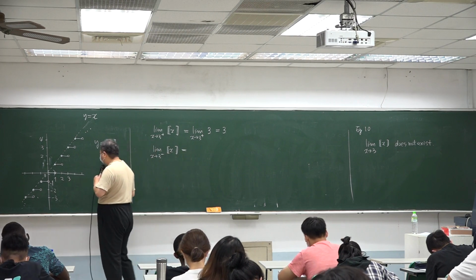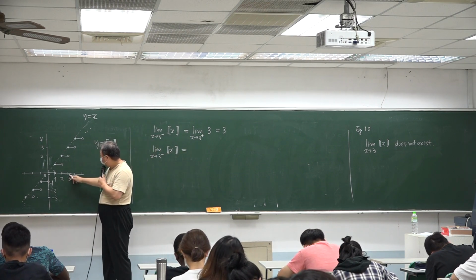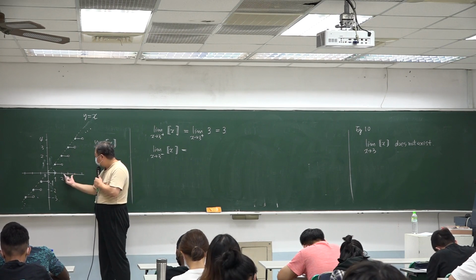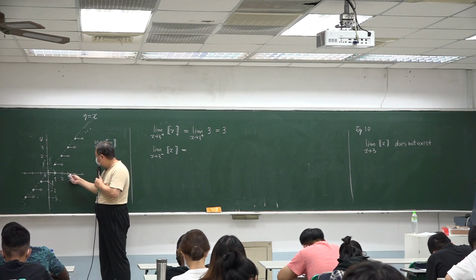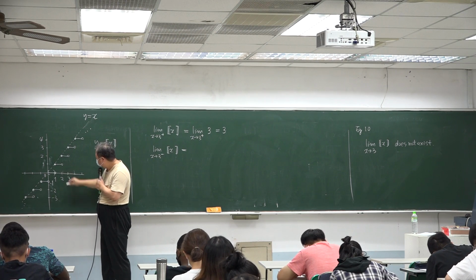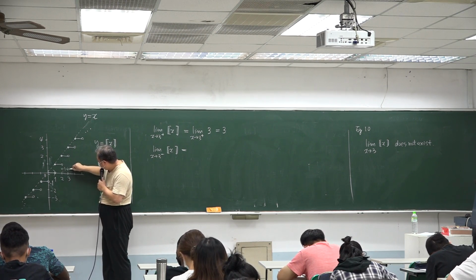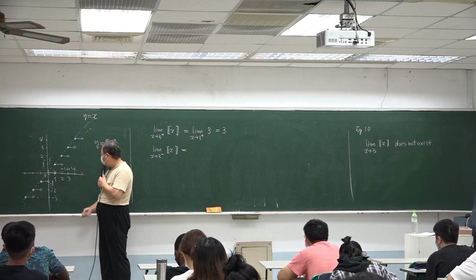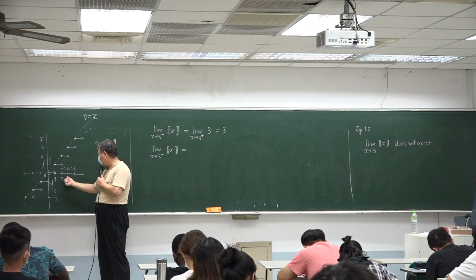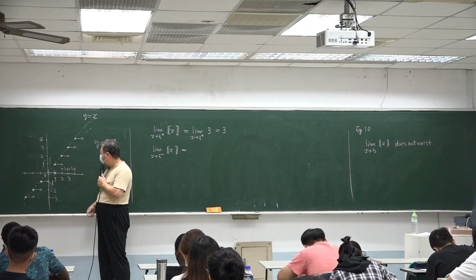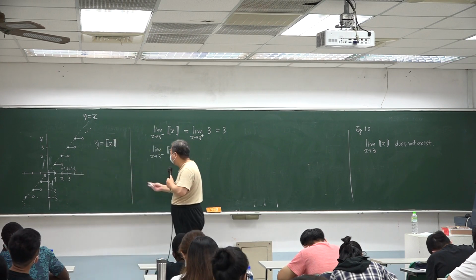From the left, again, this point is ignored. To the left, we consider a small interval, for example, with radius 1, but this time on the left of 3. On this small interval, the function is a constant function, a part of the constant function 2.